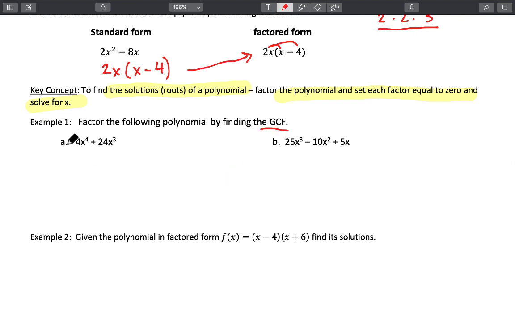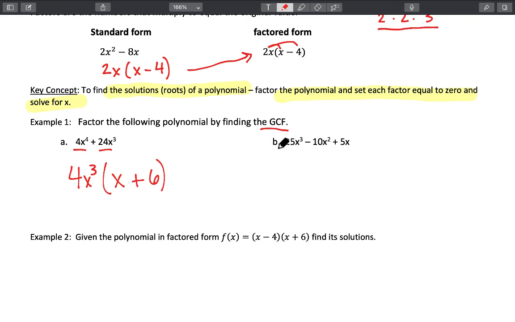So as I look across this first polynomial in example 1a, I see that I could divide a 4x cubed out of both of these terms. When I divide out a 4x cubed, I would be left with just x plus 6. So here are two smaller factors that, when put back together, would result in that original polynomial.